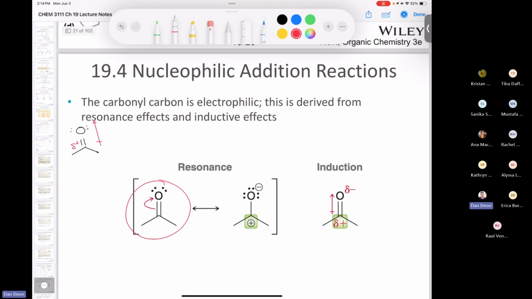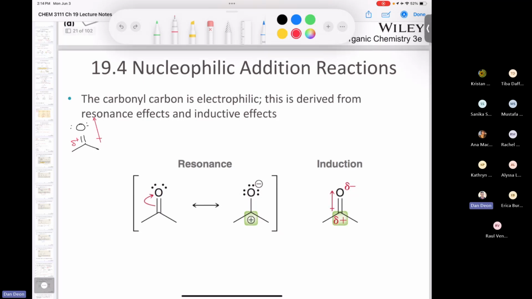This is going to be the dominant resonance form, but in this resonance form, there's nothing wrong with this. You can see a positive charge right on the carbon. And so is the carbonyl carbon electrophilic? Oh, you bet your Bobby socks it is. Okay, it's very electrophilic. So that's something that we're going to see time and time again, is that nucleophiles are going to react with a carbonyl, which is electrophilic.